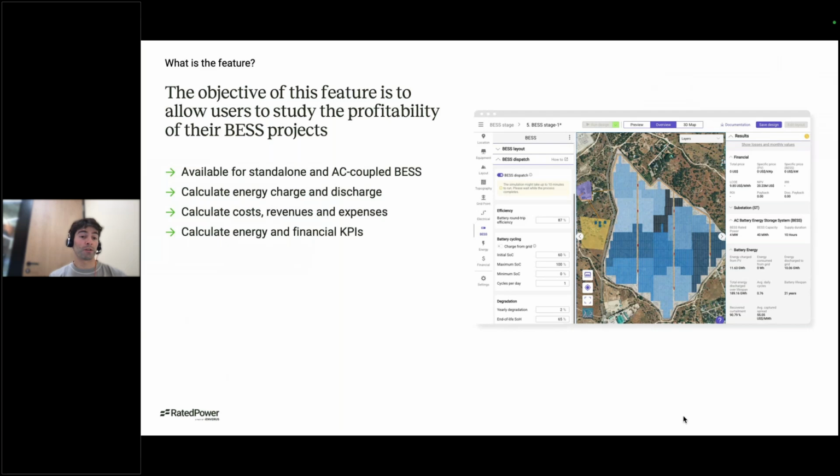So if you have a standalone system, you for sure have these expenses. If you have a hybrid system, you may or may not have these expenses. And with all of this, we calculate some energy and financial KPIs so you can analyze the profitability and the overall performance of your system.